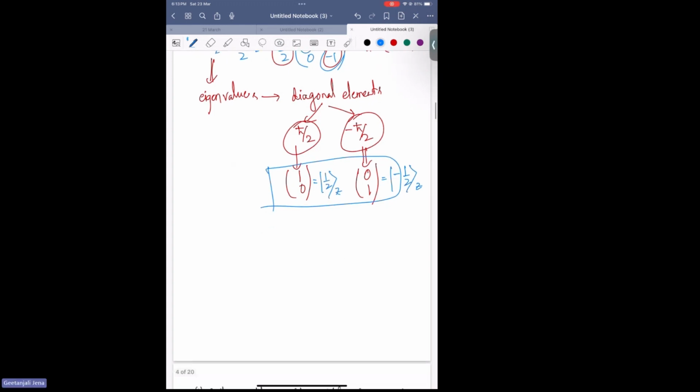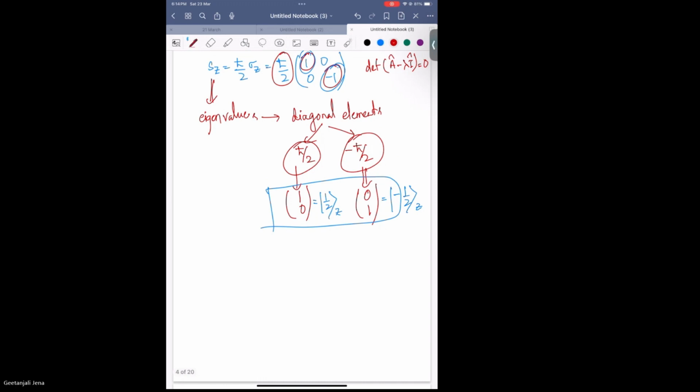Now let us see the eigenvalues and eigenvectors for Sx. Sx is ħ/2 [0, 1; 1, 0], right?